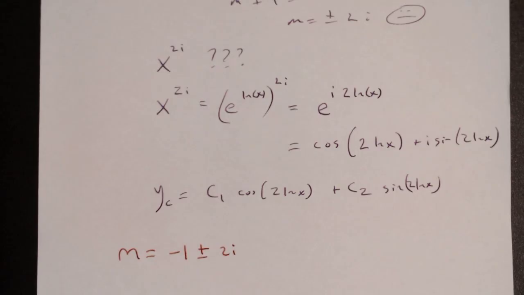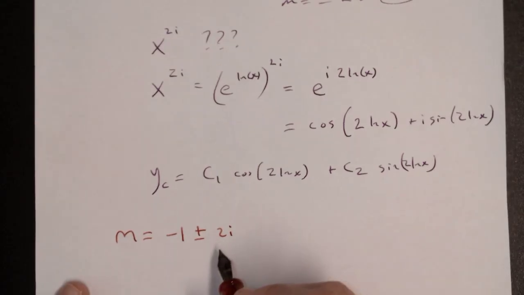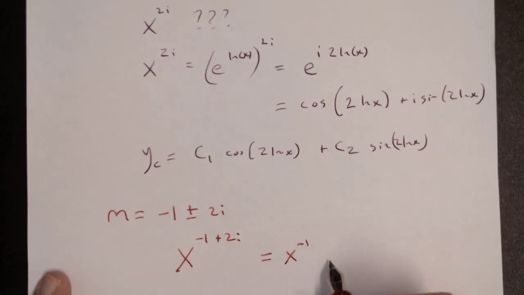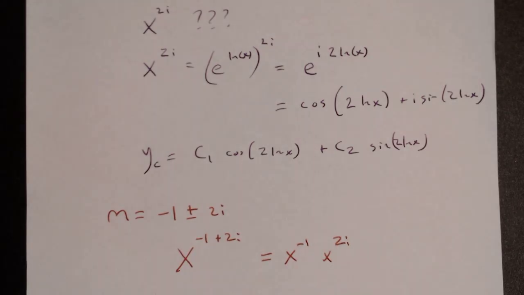Well, then I'd do the same thing. x to the -1 plus 2i is really x to the -1 and then x to the 2i, because when you add powers, you multiply with the same base.